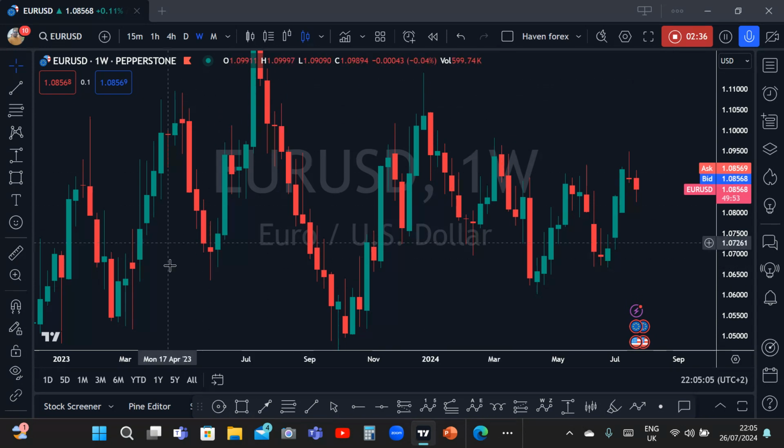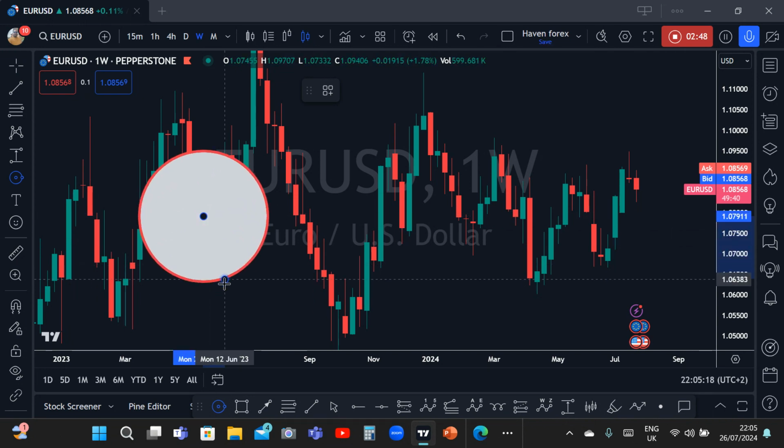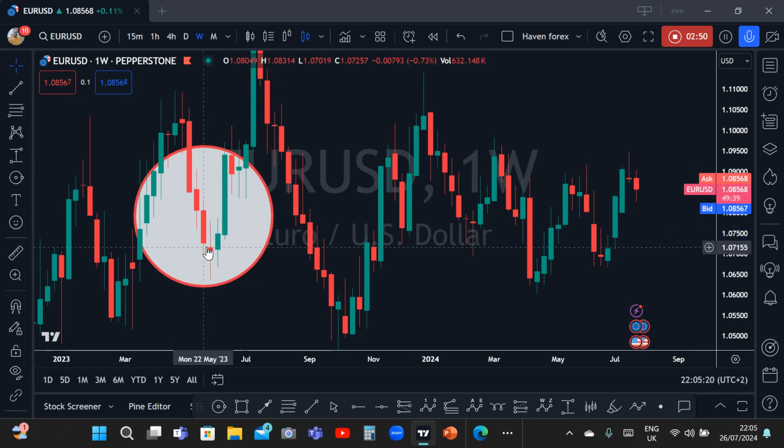Now, this is what we call the morning star. This very one here, these three candlesticks, 1, 2, 3. This is the morning star candlestick formation.